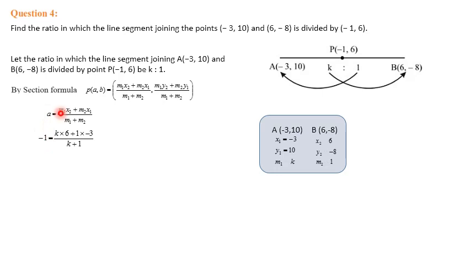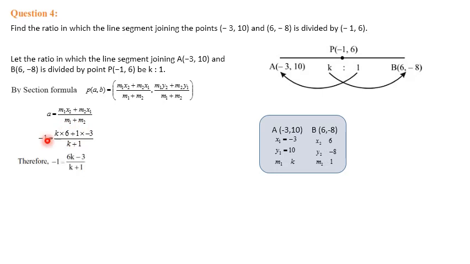M1 is k, x2 is 6, so k into 6 plus m2 x1. M2 is 1, x1 is -3, so 1 into -3, divided by m1 plus m2, where m1 is k, m2 is 1.